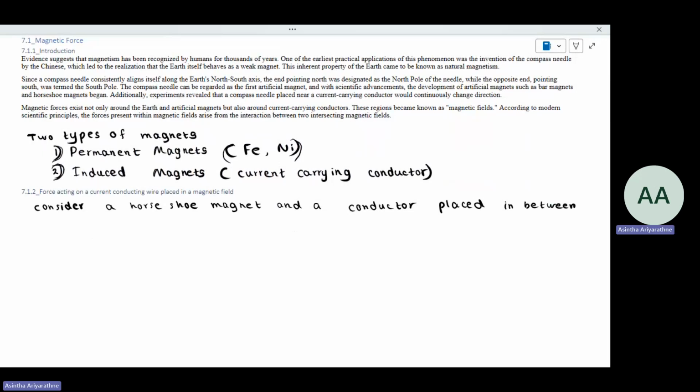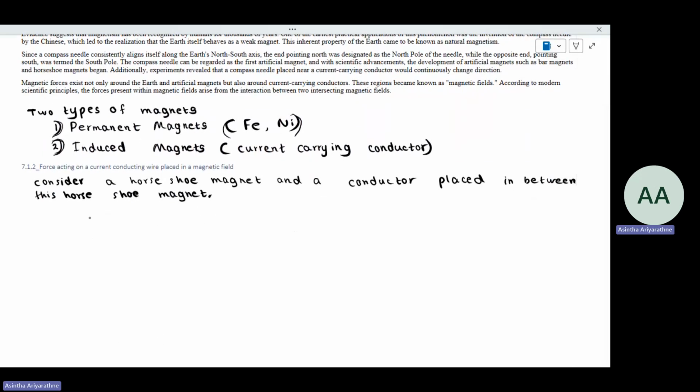In between this horseshoe magnet, right?